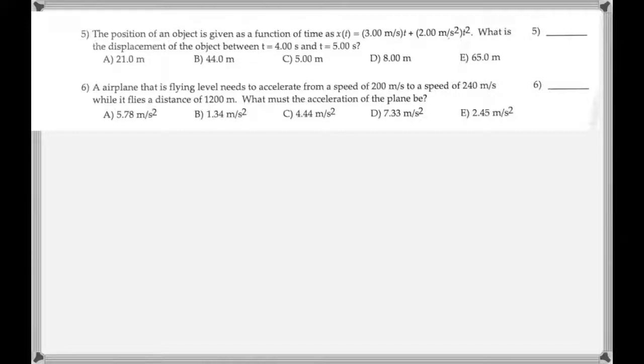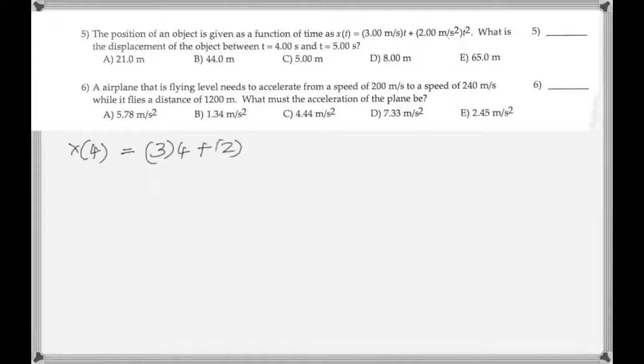So you have to substitute the value of t into this function. First, t would be 4 seconds and then t would be 5 seconds. That'll give you the position at both 4 seconds and 5 seconds. And if you take the difference, you're going to get the displacement. So that should be very simple.